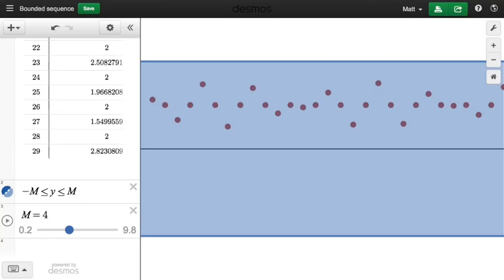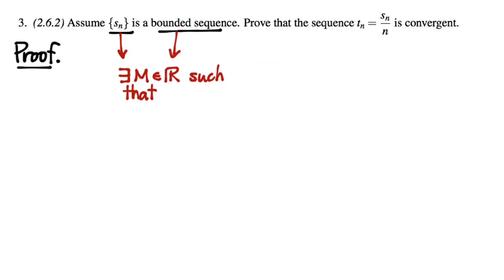When we just use bounded without the above qualifier, it means both bounded above and bounded below. So is there a way of maybe getting to that definition using what we have here? It's like trapped in between. So it's like negative M is less than or equal to Sn, which is less than or equal to M. And for which values of little n should this be true?